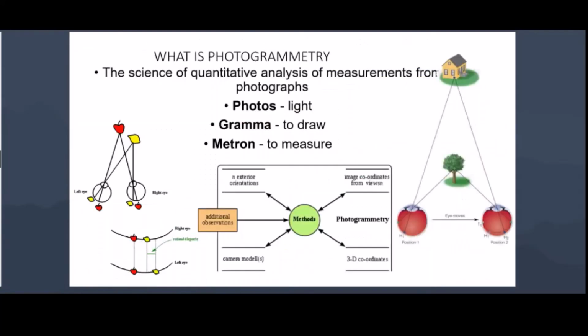Right? Then with photogrammetry, we get 3D information. So quickly take you through the concept. We need to image an object from two different locations, right? As we do in everyday life, the eyes image an object twice, and a three-dimensional model is formed.